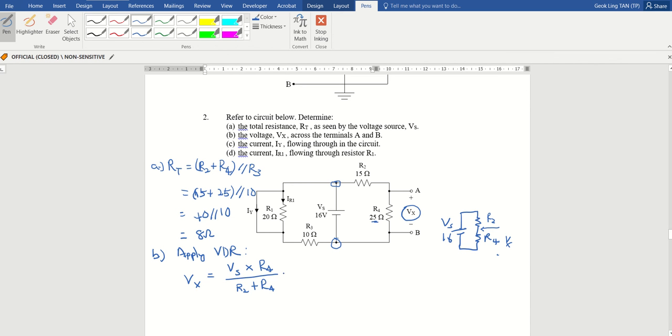You can apply the voltage divider rule to a series DC circuit. Therefore, you substitute the values: Vs is 16 volt multiplied by R4, which is 25 ohm, divided by 15 plus 25. That will give you 10 volt.